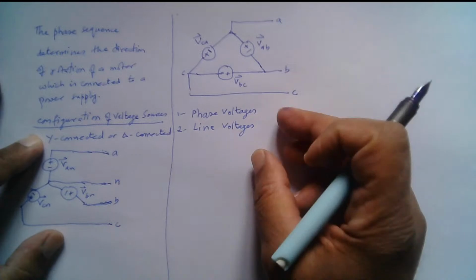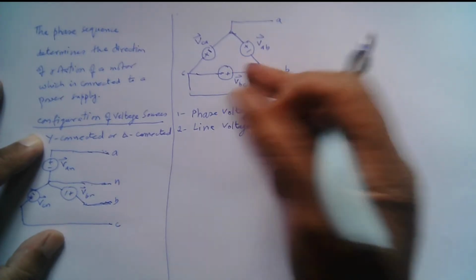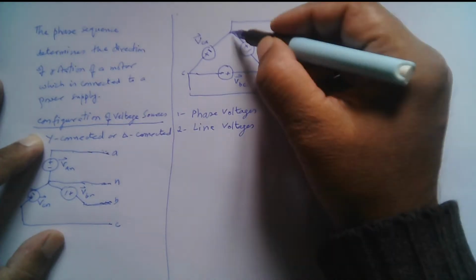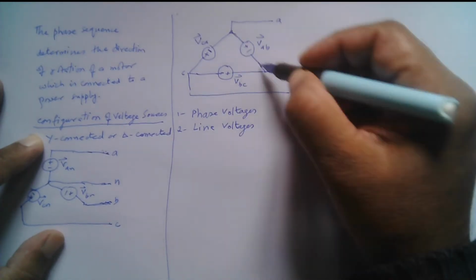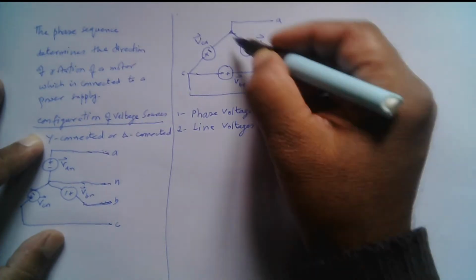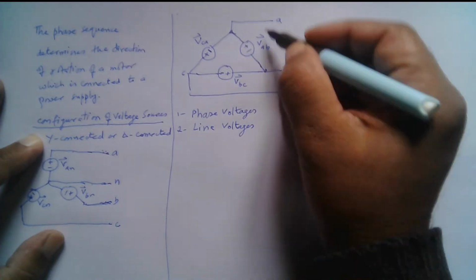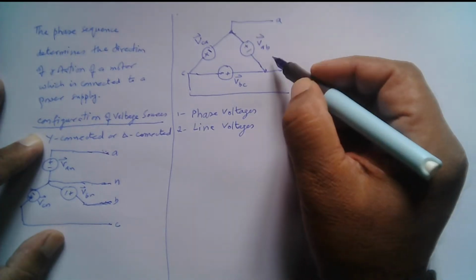But when the sources are connected in a delta configuration, there is no neutral wire. The phase voltage, the voltage of this phase, is the same as this line voltage. So in delta configuration, the phase voltage is the same as the line voltage, or vice versa.